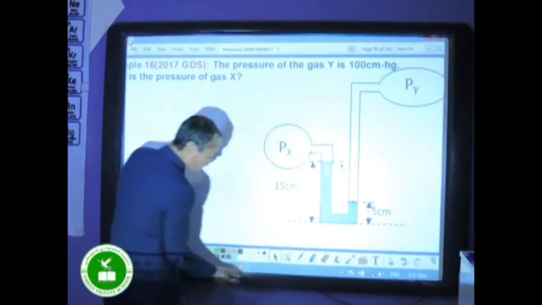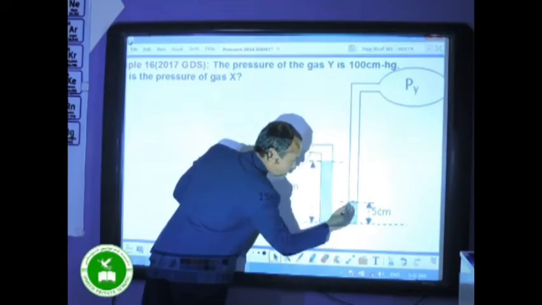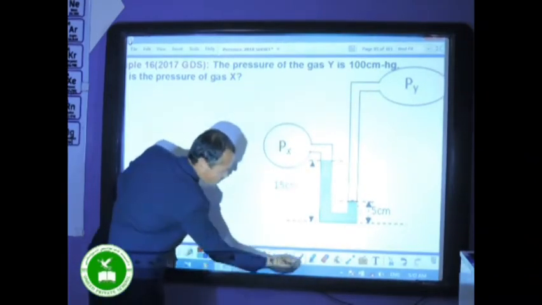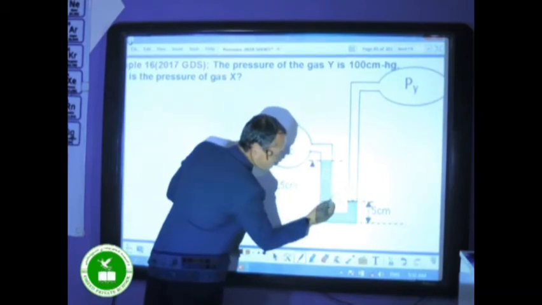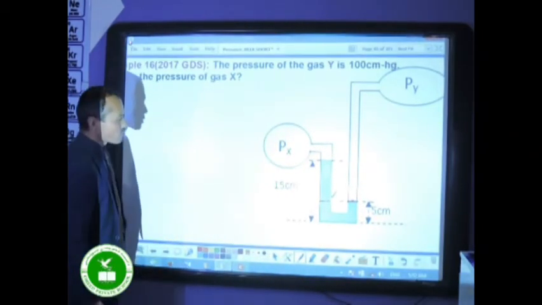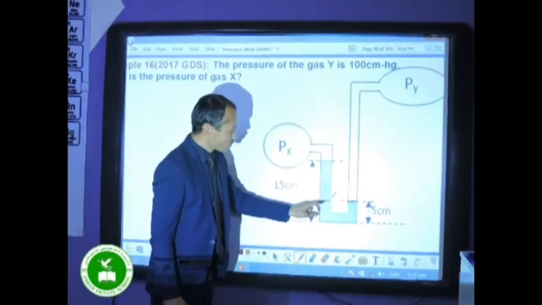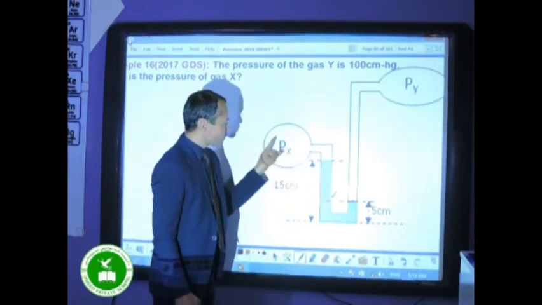Pressure on this level and this level will be the same, equal. On this level we have two pressures: pressure of liquid plus pressure of gas.